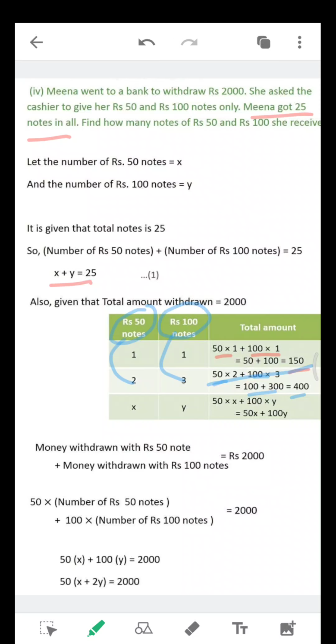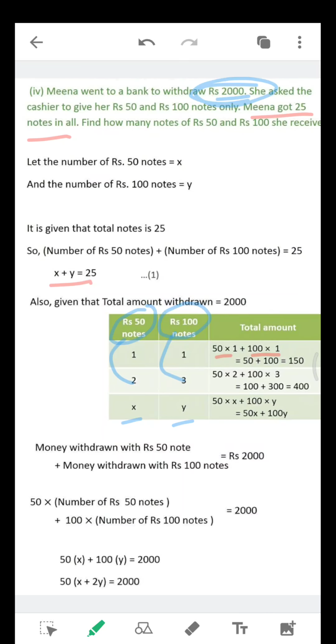So this is the way we can calculate amount, we can count our money. But here we don't know the number of 50 rupees notes and number of 100 rupees notes. So we write x and y. Okay, so 50x plus 100y, this is our equation. 50x plus 100y is equal to 2000 in our case.